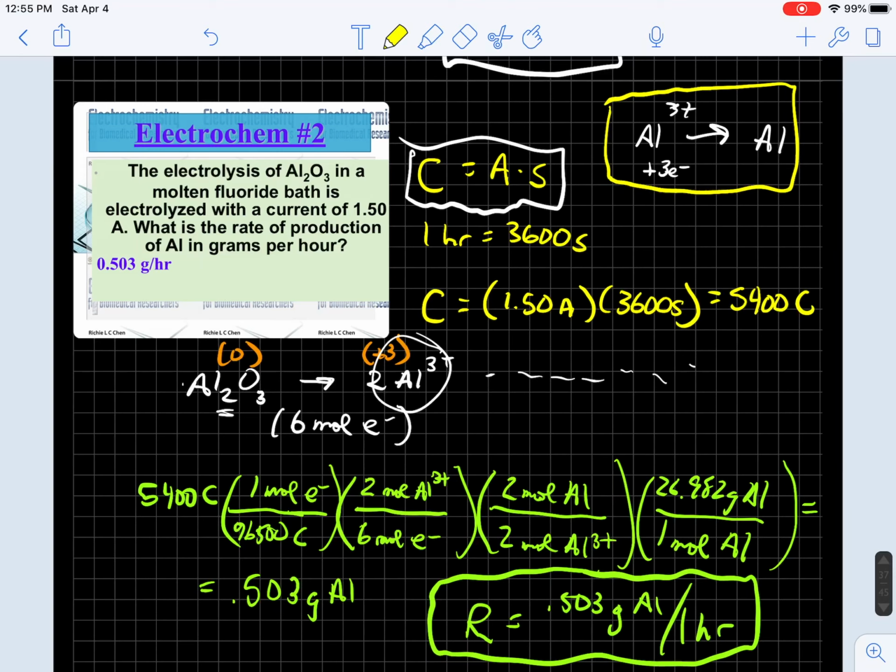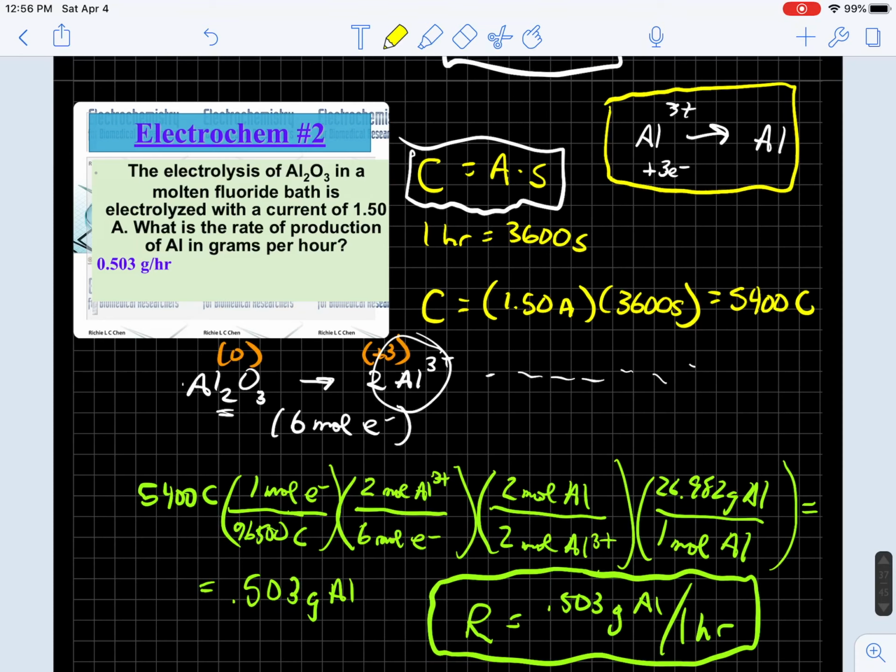However, we have 2 atoms of aluminum, so we're doing 6 moles of electrons. They gave me an amperage and a time, 1 hour. If we go back to our formulas, a coulomb of charge is an amp second. So they gave me the amps and the seconds.